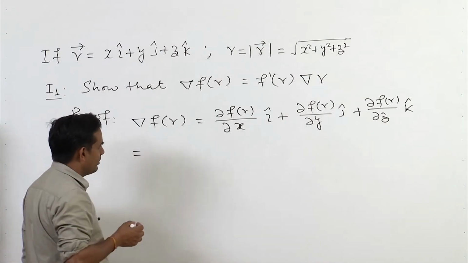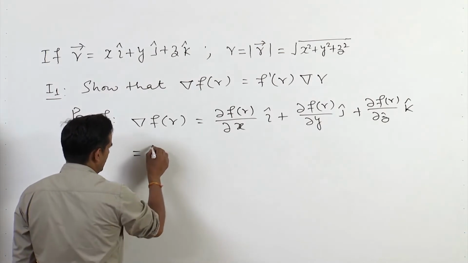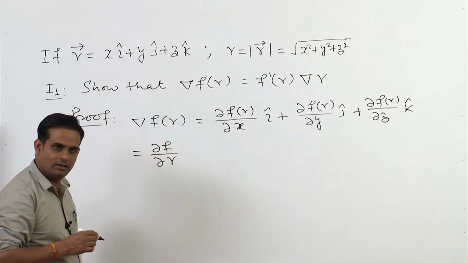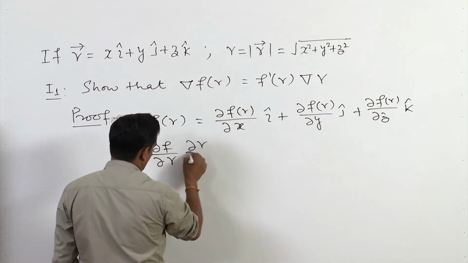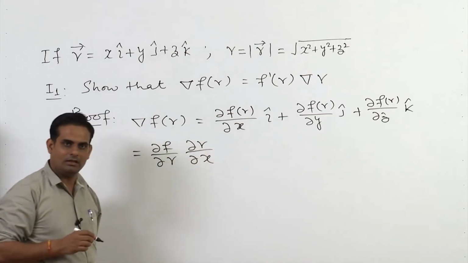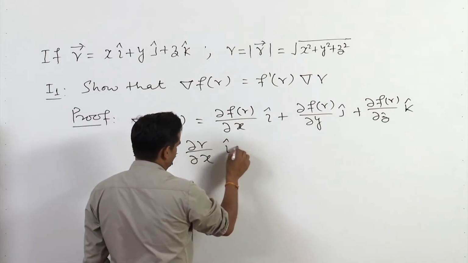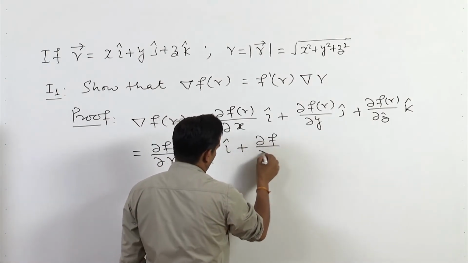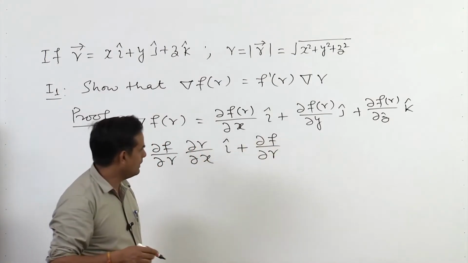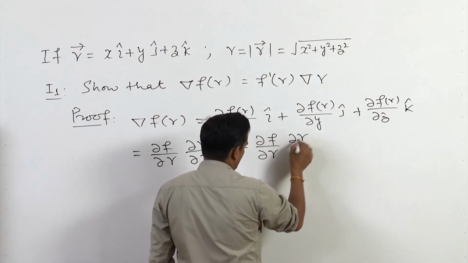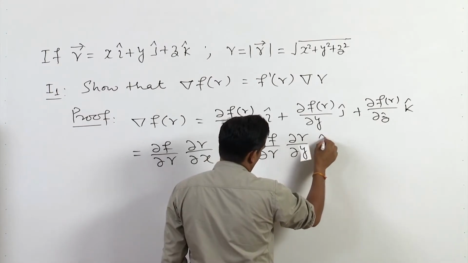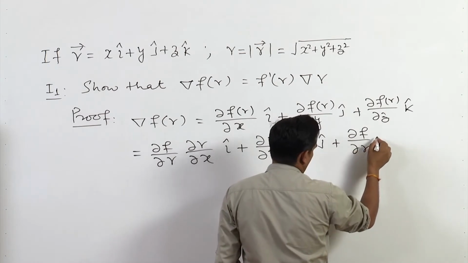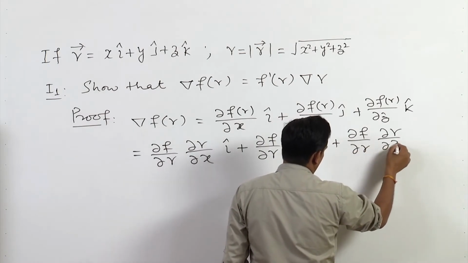So del by del x of f r can be written as del f over del r into del r over del x, plus del f over del r into del r over del y, plus del f over del r into del r over del z.